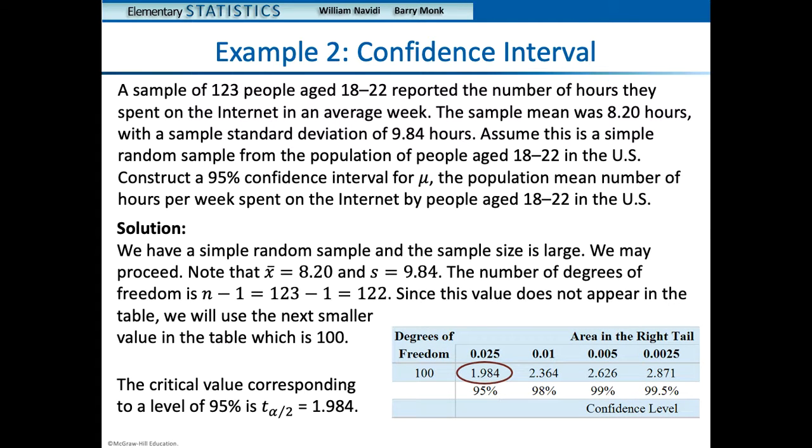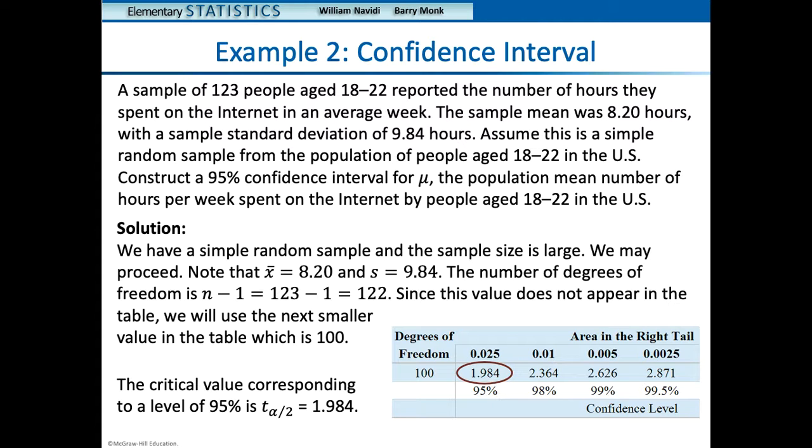So, we're told that we have a simple random sample. The sample size is larger than 30, right? It's 123. So our assumptions are met. So we can proceed. The sample mean and the sample standard deviation are given, so we do not need to calculate those values. So we can just jump to the step of finding our critical value from the chart.